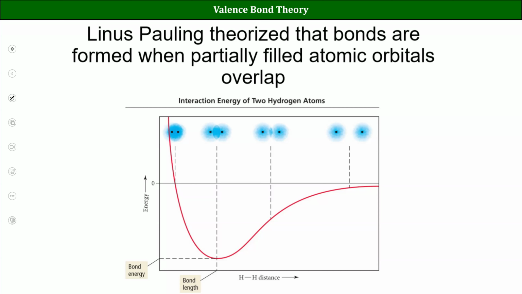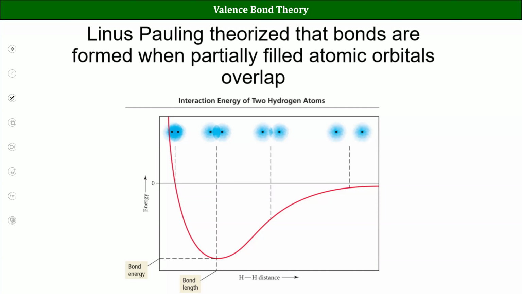He basically was one who came up with the idea of what makes a sigma bond or a covalent bond. So they had some idea that bonds formed in order to share electrons, and he's the one who actually put some math to it.